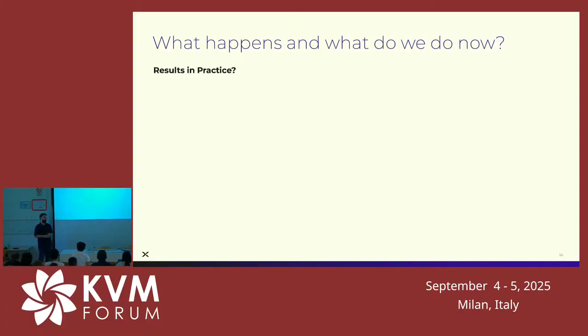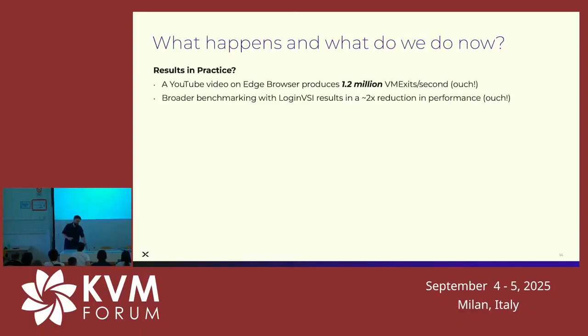So when we clicked in, I said, okay, let's try to simplify this reproduction and just do something super basic. All I did was open up an Edge browser, run a YouTube video, and just have it play in a remote desktop session. And just having a basic video play produces 1.2 million VM exits per second. Like just running Internet Explorer is over 1 million context switches a second.